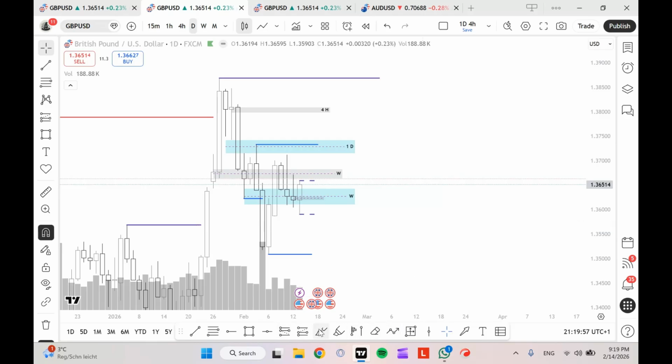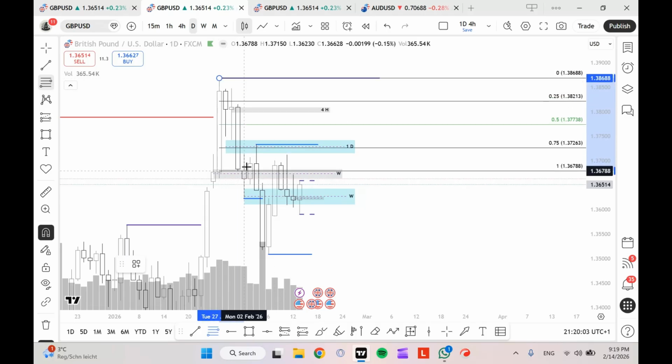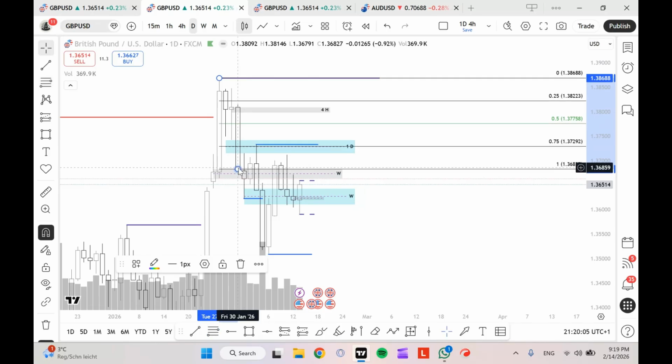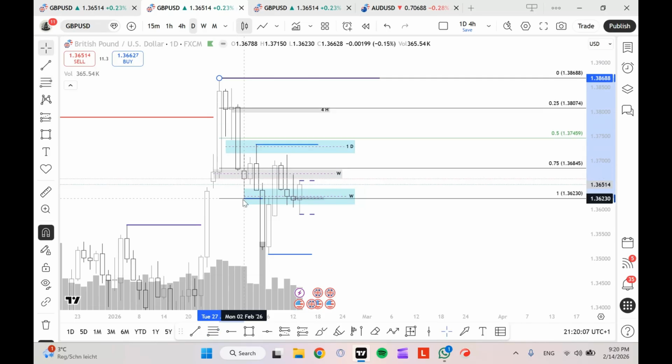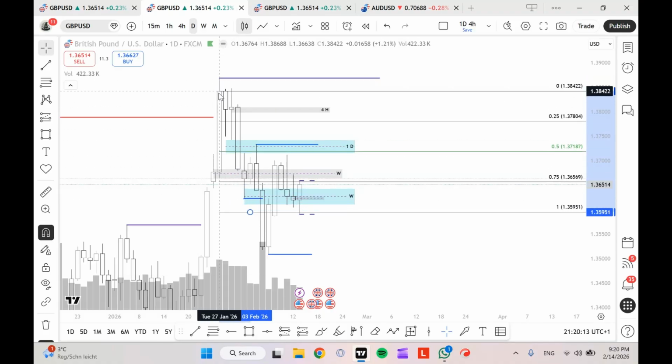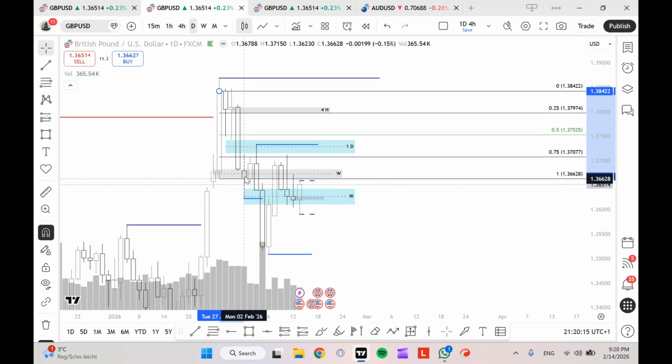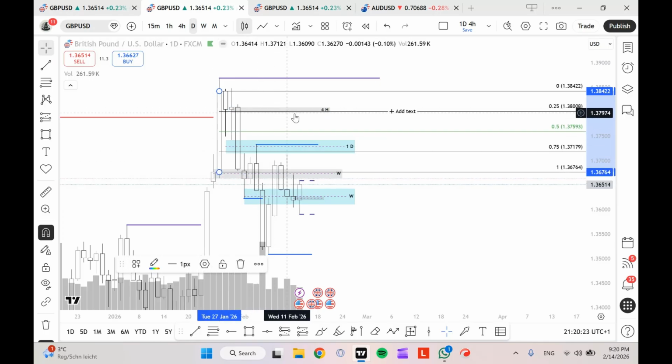Then this order block in here matches, I guess, with this range, with the 75% or upper quarter of this range. I don't know if it's an accurate measurement.